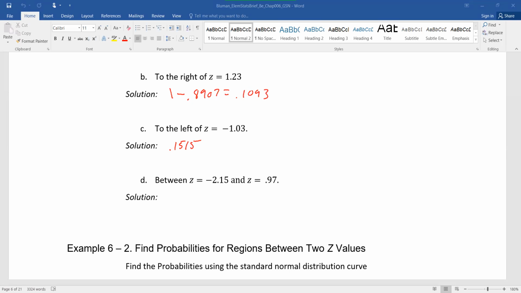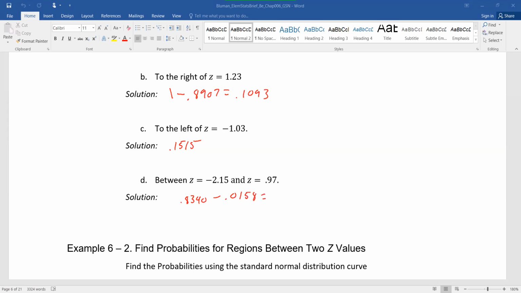Very good. So you want to subtract, it's really the right side from the left side. So what's the area at 0.97 here? 0.8340 minus what's the area at negative 2.15? 0.0158.